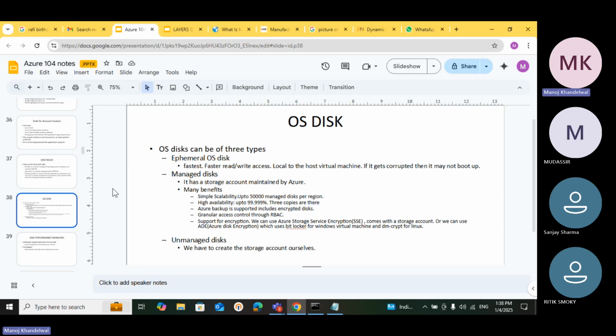But if it is not managed and it fails, it is gone. It is unmanaged, it doesn't have any facilities. But if you take a managed disk for your virtual machine, it will have all the facilities. It will be more fault tolerant, it can have encryption also. All these facilities are handled by the cloud.